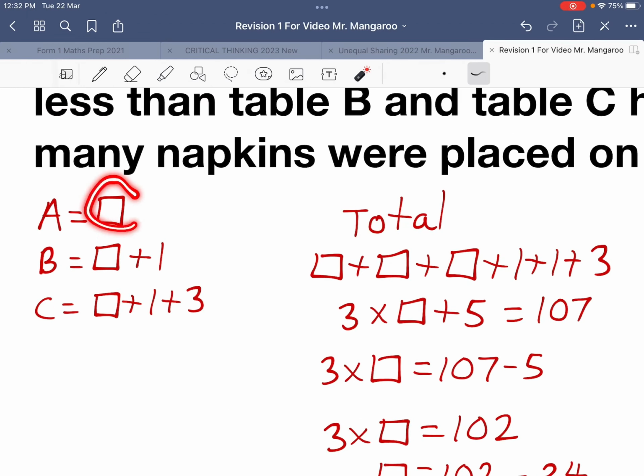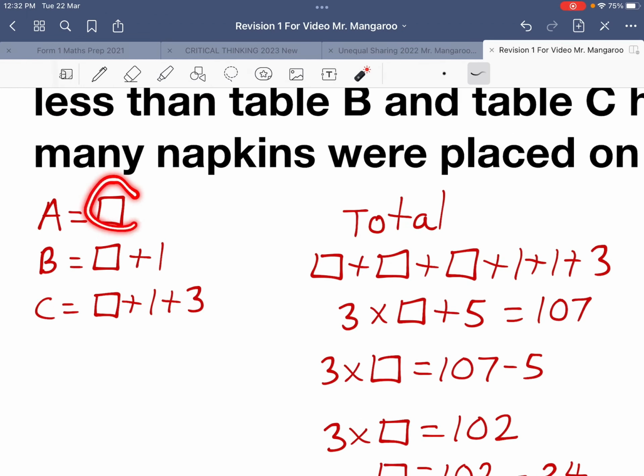Convert the units. So to go from centimeters to meters, we divide by 100. To go from meters to centimeters, we multiply by 100. Kilometers to meters, we multiply by 1000.